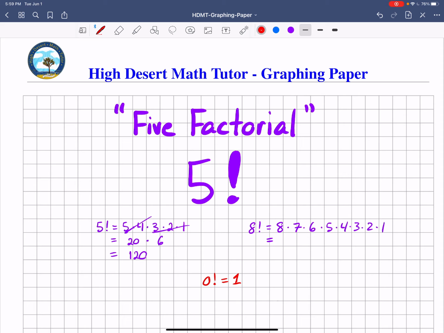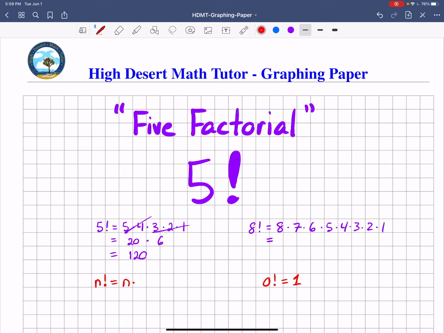One more general way of writing factorials that you may see on tests such as the ASVAB is n factorial, which means you have to plug in some number for n.